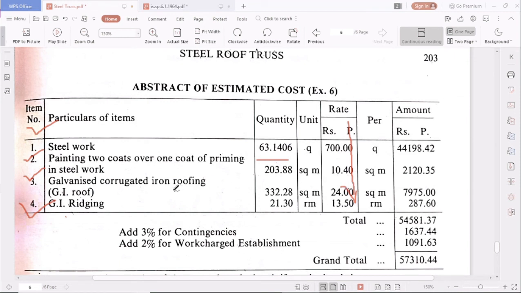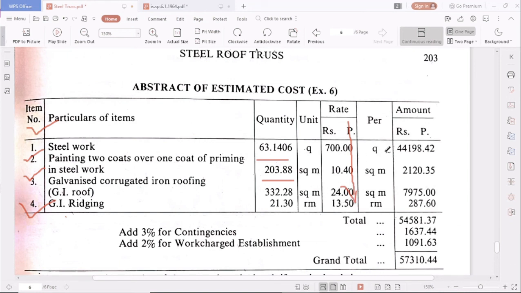Painting was 203.88. Galvanized corrugated iron roofing was 332.28 square meters. GI ridging was 21.30, taken in running meters, with the rate as per the local SR book.